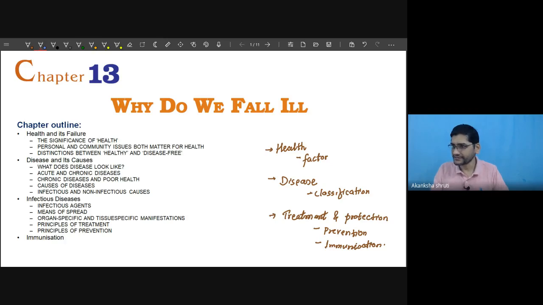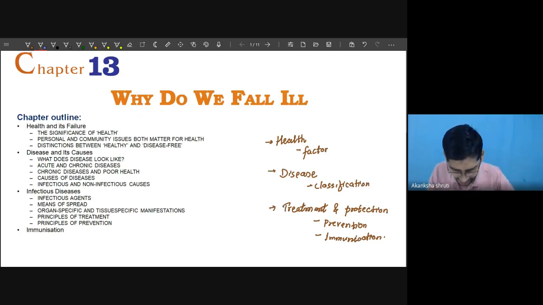What are various classifications of disease, types of disease based on various factors like infectious, communicable, non-communicable, acute, congenital, various types of disease that we will see. And lastly, how to get rid of this disease, means the treatment, and how to prevent further attack of disease. So these are the three important topics that we want to cover today.